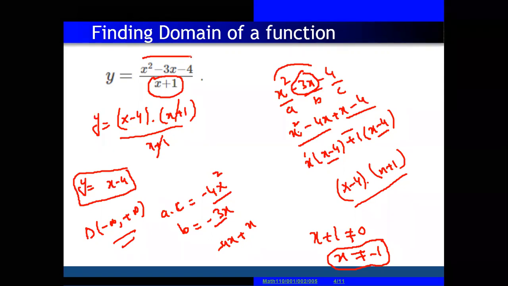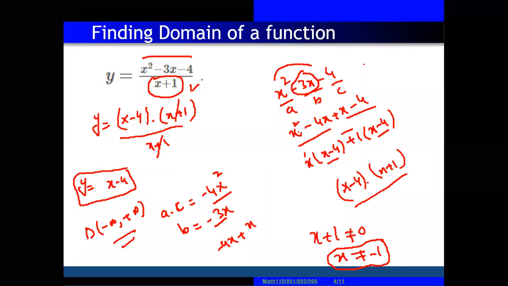You give positive value, negative value, there will be some output for numerator. But the main thing is denominator. This must not be equal to 0. So I'm talking about rules. The rule for this type of question is first simplify if possible. If not possible, then put denominator not equal to 0.